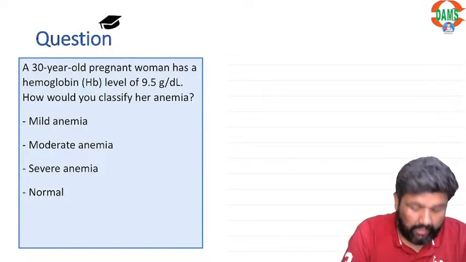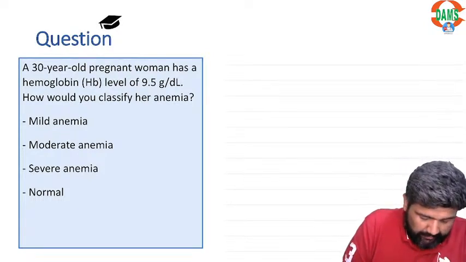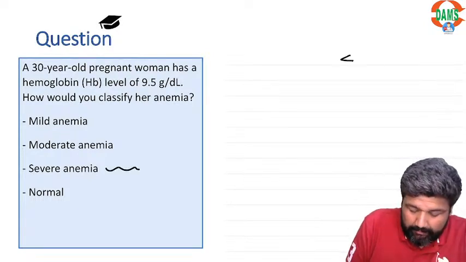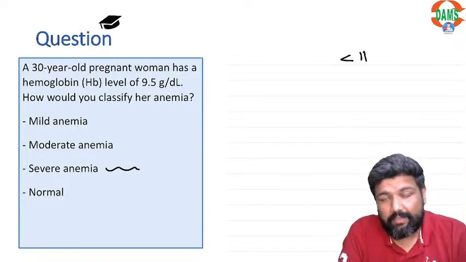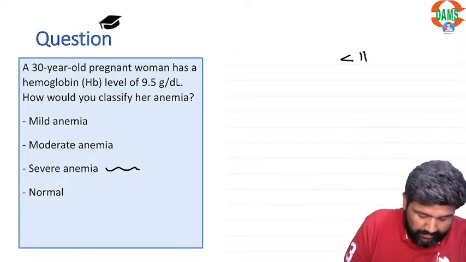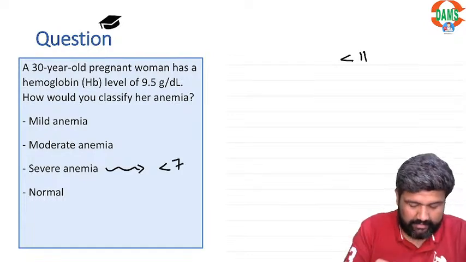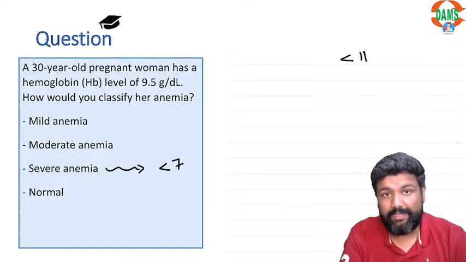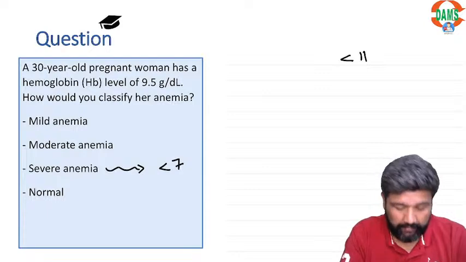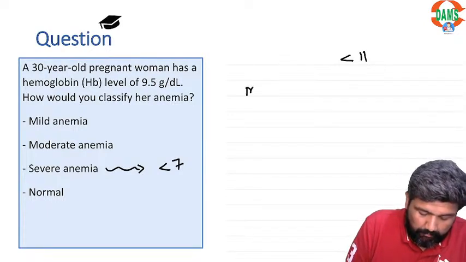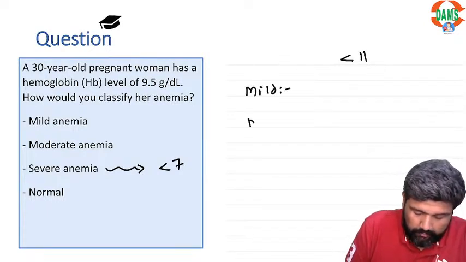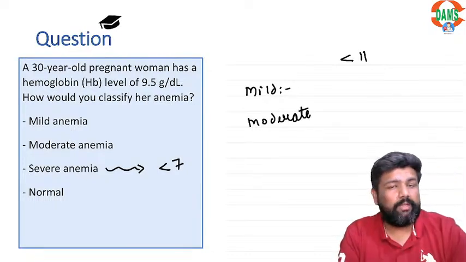Guys, anemia. It is very simple. What is anemia in pregnancy? HB less than 11 is anemia in pregnancy. What is severe? HB less than 7 is severe. Guys, what is mild? What is moderate? Many students were asking this doubt.